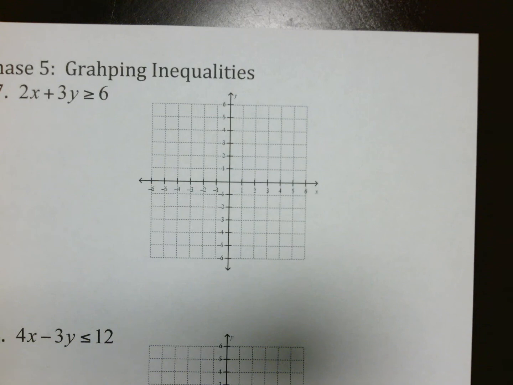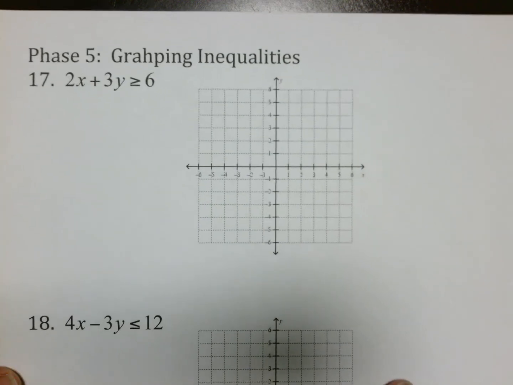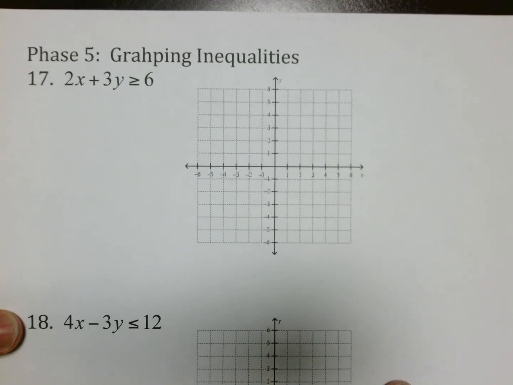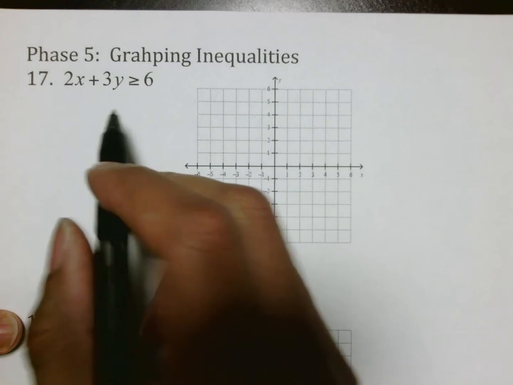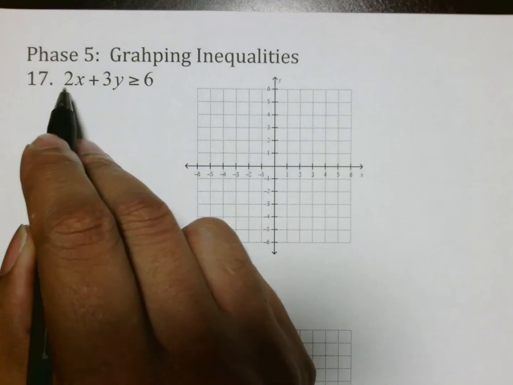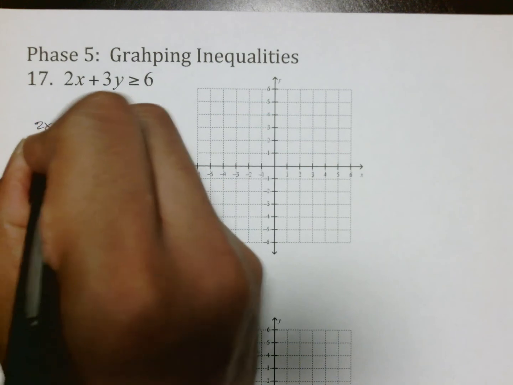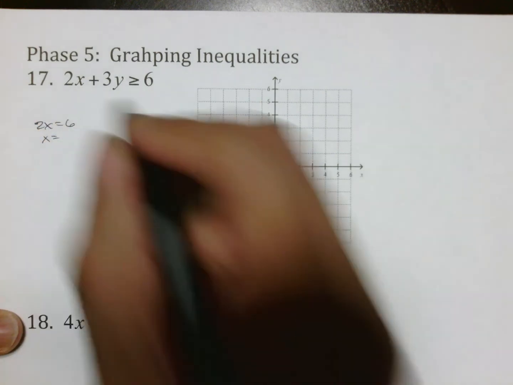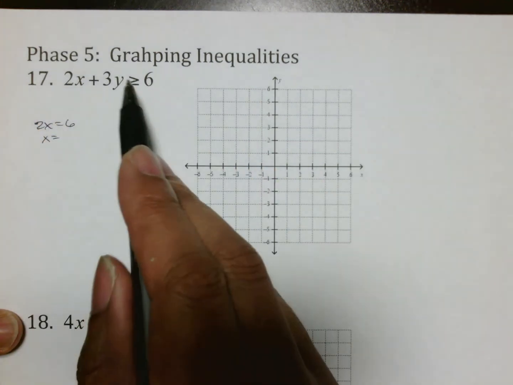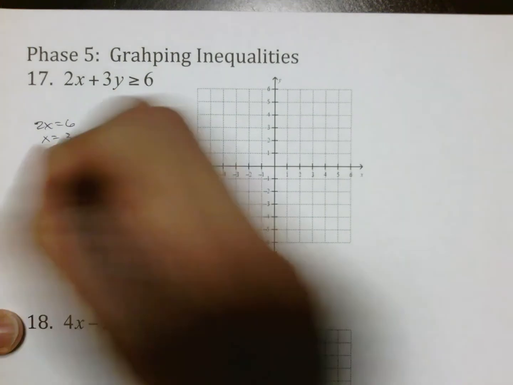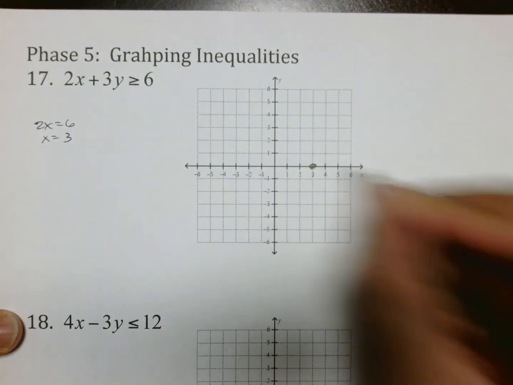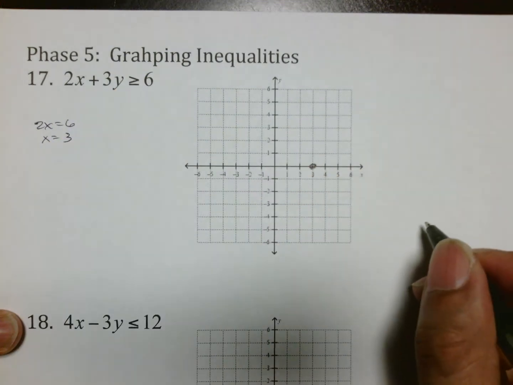Alright? So phase 5 is doing the whole thing and putting together what we learned how to do. And the first thing we learned how to do was to graph this. So what we learned to do, graphing this in general, was to ignore y and put 2x equals 6. Yes, I know I put equals, but again, when it comes to graphing, treat this like an equal sign. That means that x is equal to 3. So just like we did yesterday, go over to where x equals 3 and put a dot.